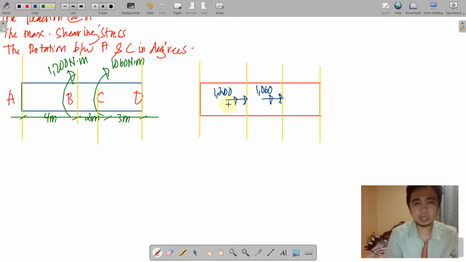So these two clockwise rotations shall be restrained on A and D, wherein there will be resisting torques against 1,200 and 1,060.